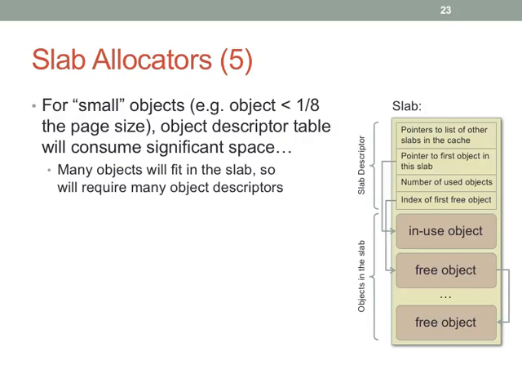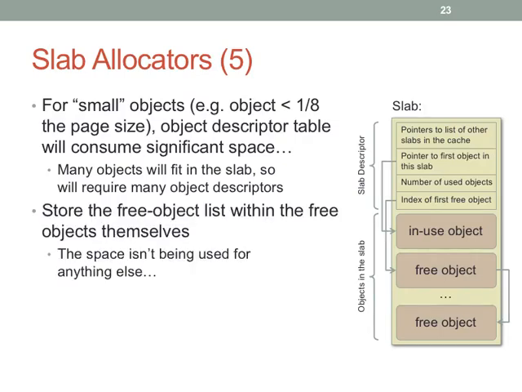So why don't we just use free objects themselves to hold the descriptors? That's the idea behind how we optimize space in a slab allocator. So now the descriptor section is gone because it's actually inside the free objects, the ones that are not in use, and they chain together directly.